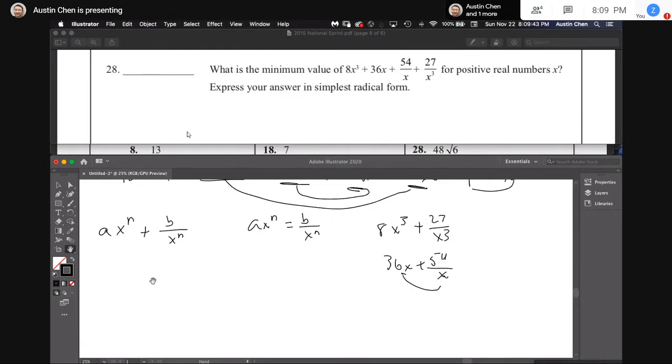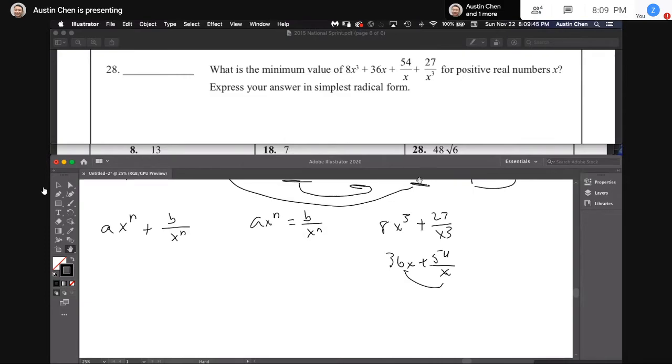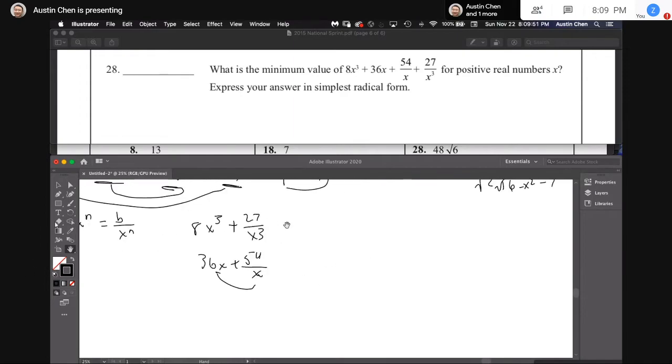What you could do is pair these two up, and pair these two up. You can say that the minimum of this happens when ax cubed equals 27 over x cubed.